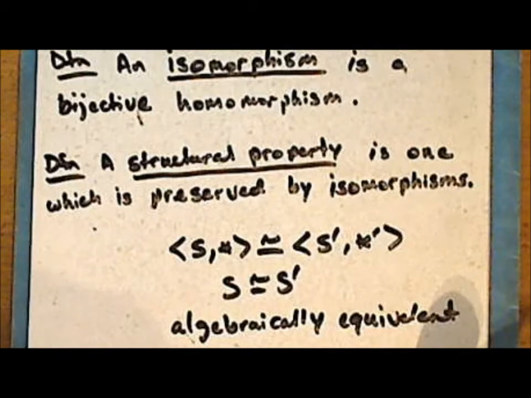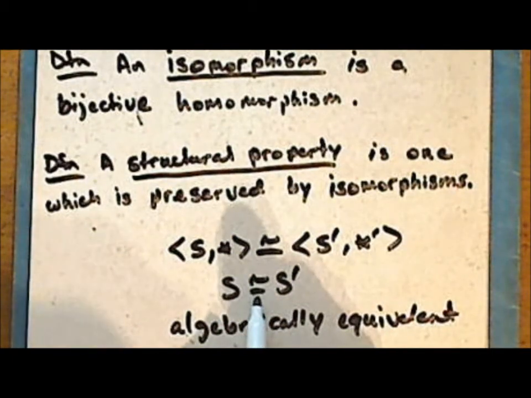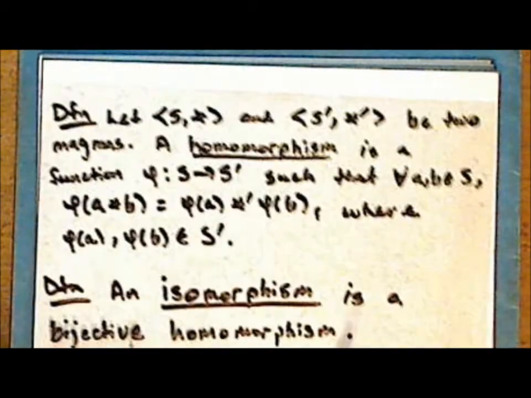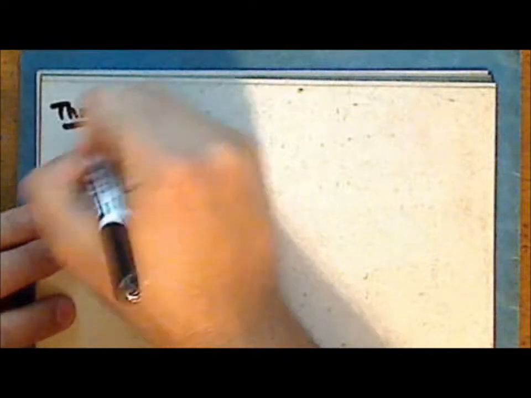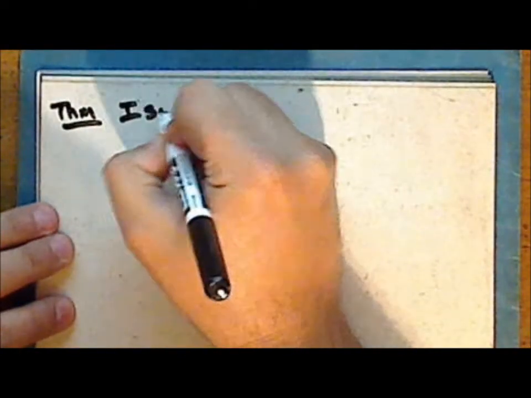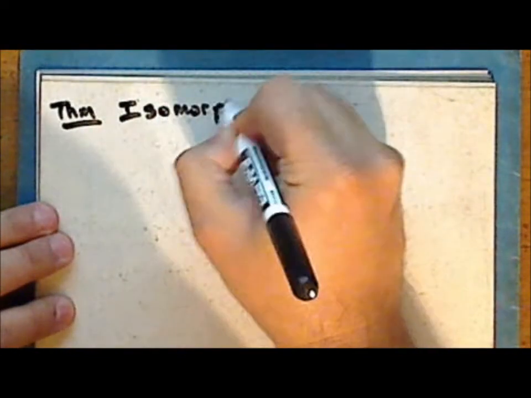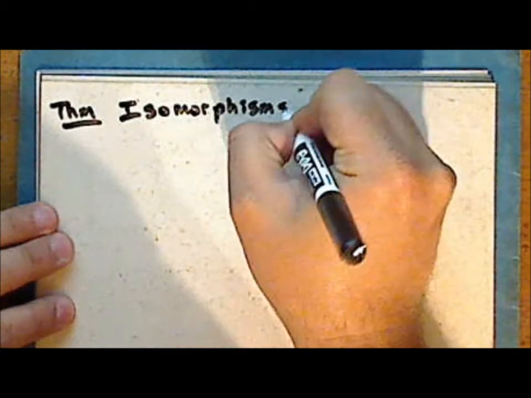Well, first and foremost, we mean that the relation isomorphic to is an equivalence relation. So next we'll prove that. Isomorphisms are equivalence relations.